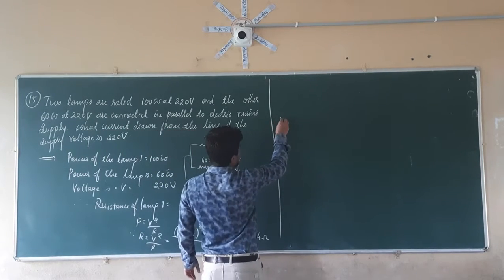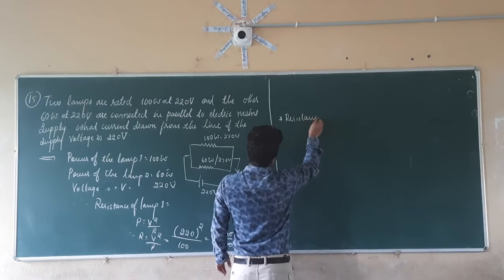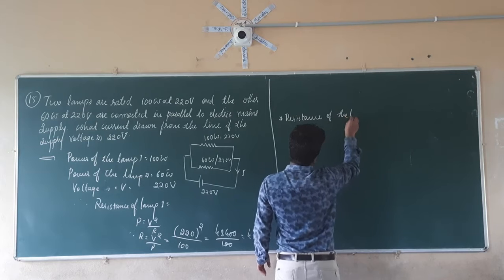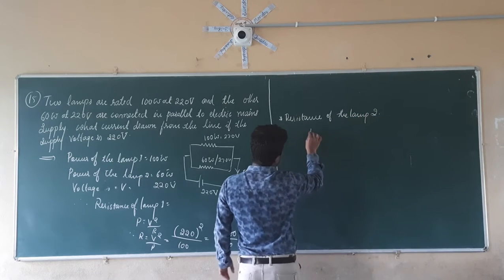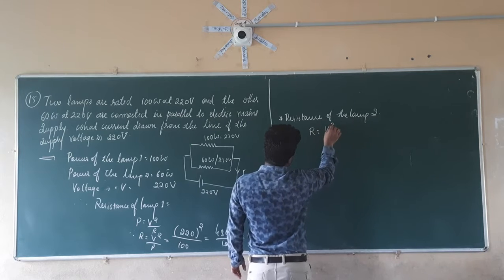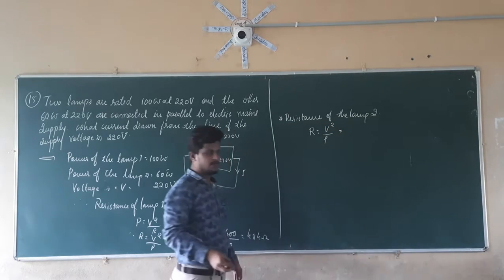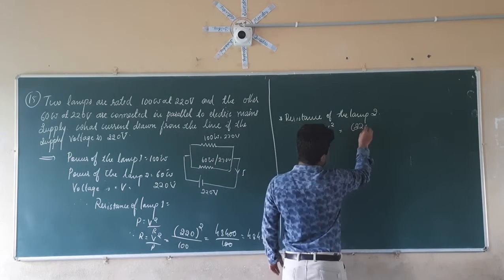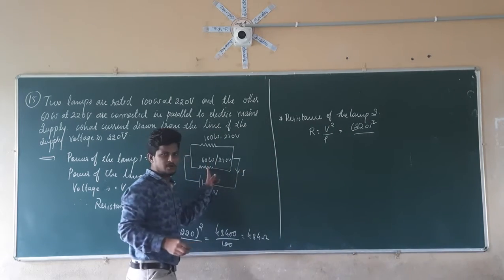In the same manner, the resistance of lamp 2. Again we have the formula R is equal to V square divided by P. The value of V is again 220, so 220 square divided by the power of lamp 2, which is 60 watt.